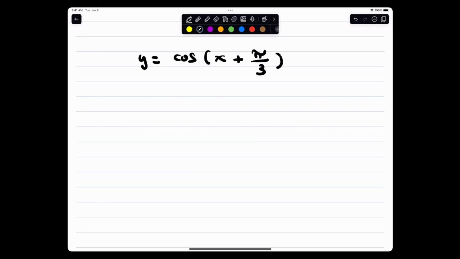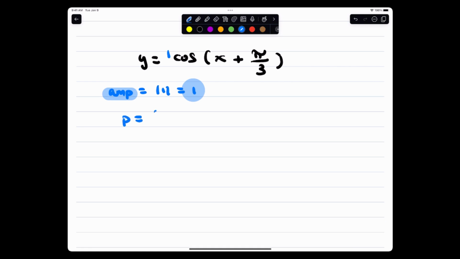Okay, we already have that information, don't we? So what is, we have this. Let's go back. The amplitude is the absolute value. Remember, that number is 1. The absolute value of 1, which is what? 1. Your amplitude is 1.